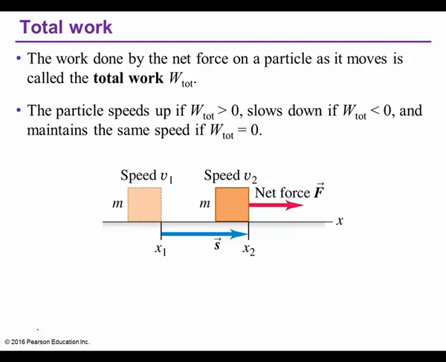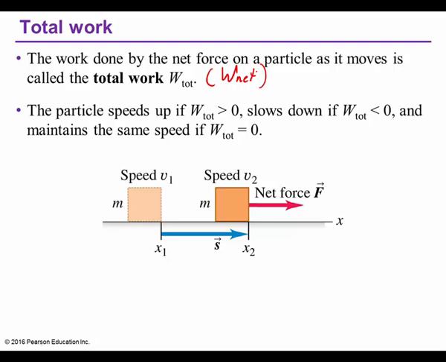All right, now let's look at total work. Now, please understand that total work can also be written as work net. So, can you do work and not have any net work? Yes.